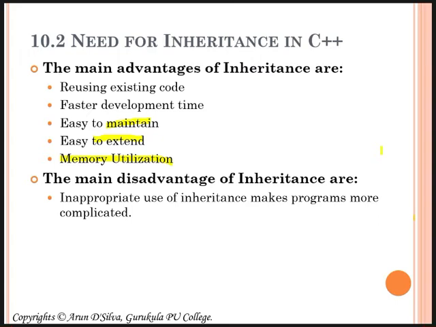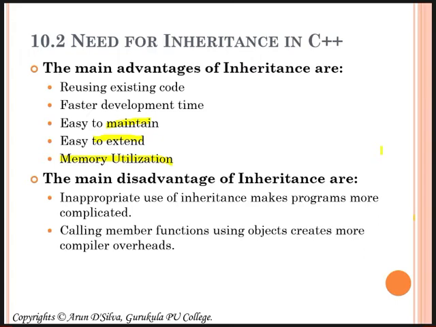If you are not using it in a proper way, then of course it leads to complication. So this is one major disadvantage. Then, calling a member function using an object creates more compiler overheads. Now that is the problem.